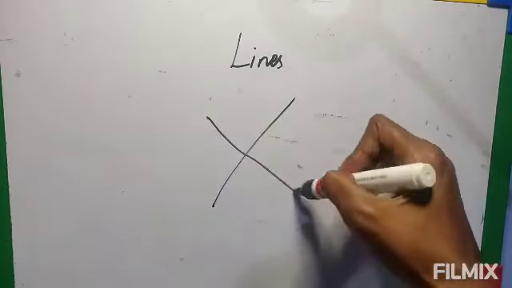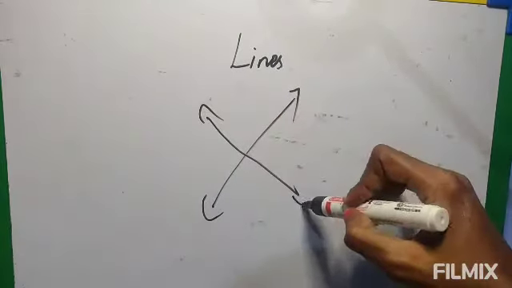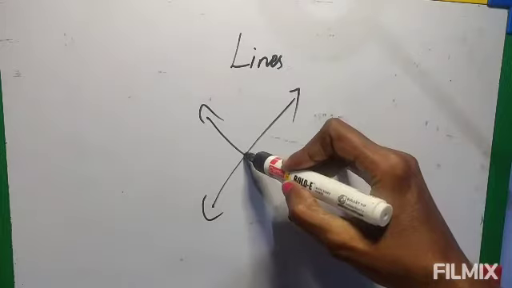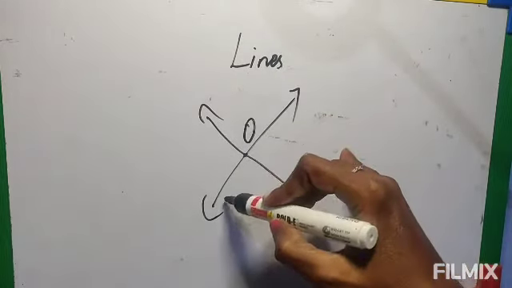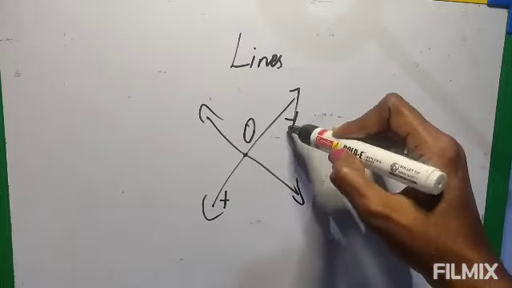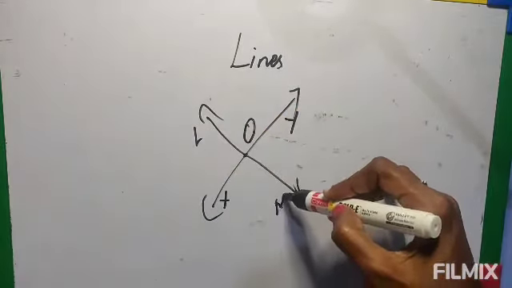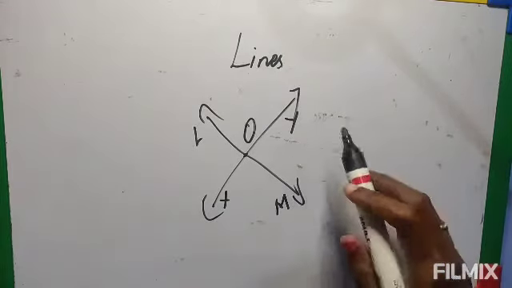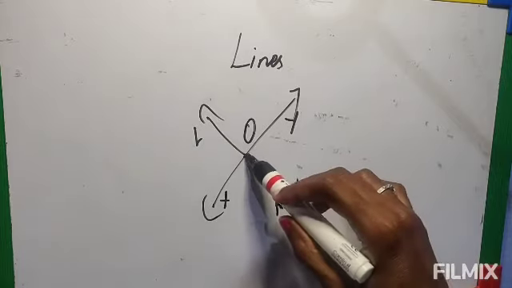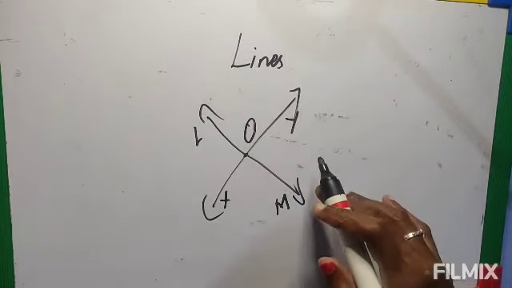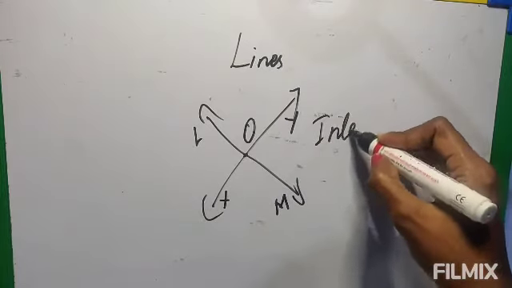Now let me see here, this is the line, okay. So here they are meeting at point O. This line is XY and this line is LM. So these two lines are meeting each other at point O. Since they are meeting each other at point O, they are called intersecting lines.